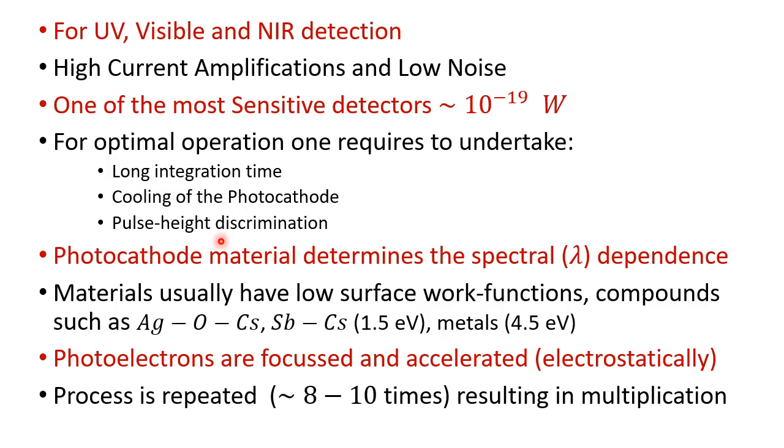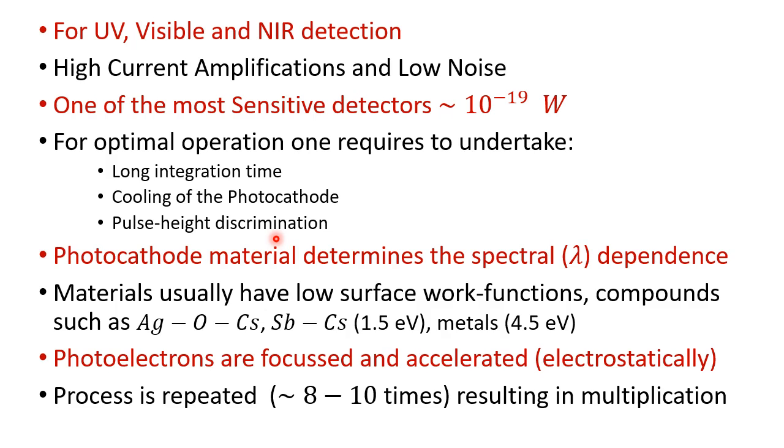The other thing which is quite interesting is that one is able to do something called pulse height discrimination. What it means is that I have an input flux of signal, and the photoelectrons which are generated by the signal are eventually amplified to give you a pulse of current. Now, if the number of photons coming in is large, then proportionately the eventual amplified current is also large.